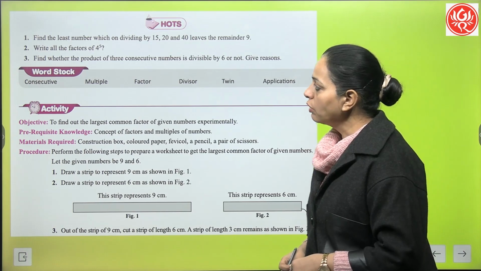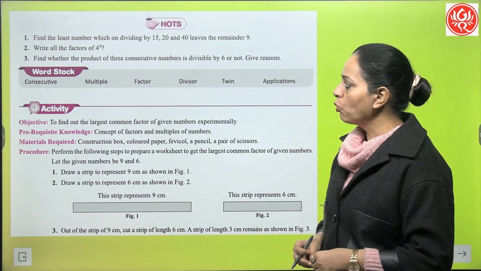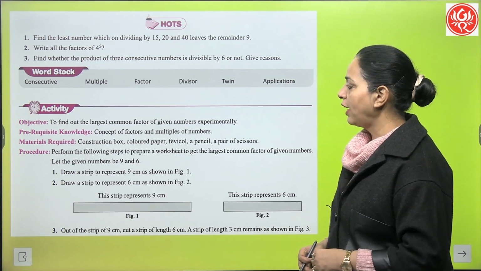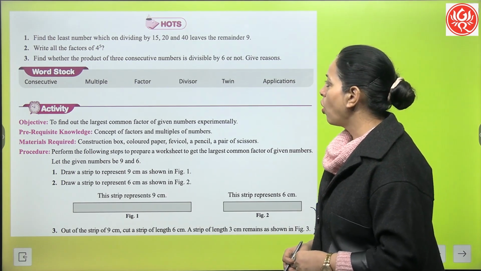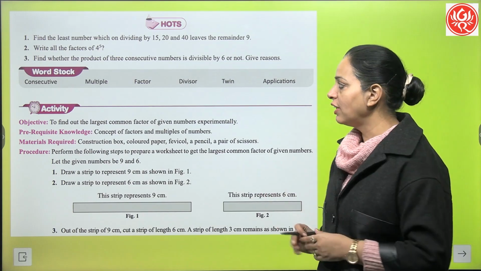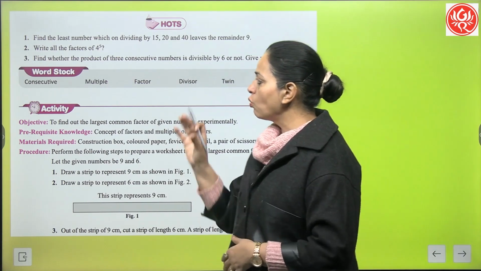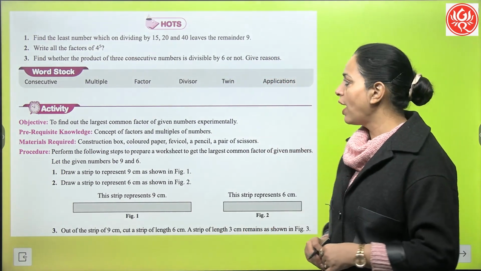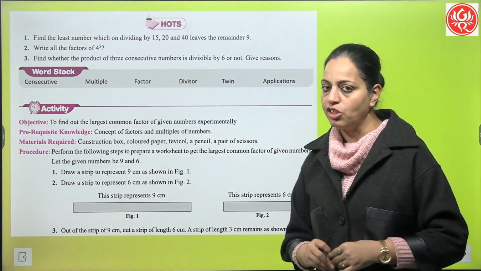Okay. Now the third one, find whether the product of 3 consecutive numbers is divisible by 6 or not. Give reasons. You can try these one. Now we are coming to word stock. Consecutive, multiple, factor, divisor, twin, applications.